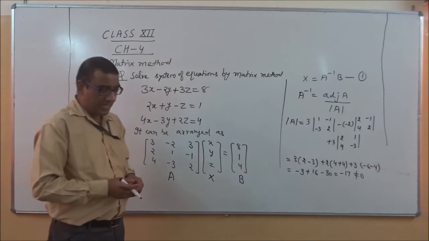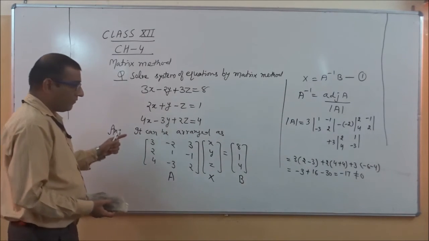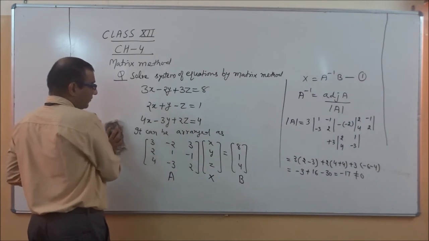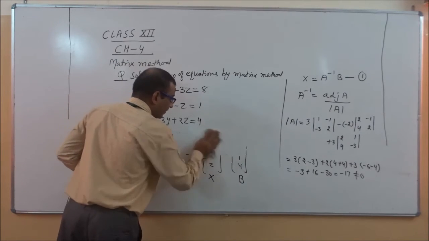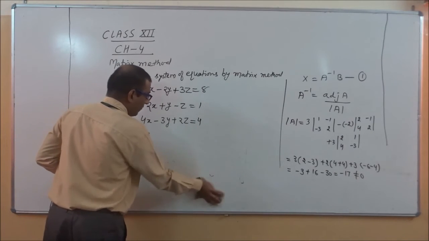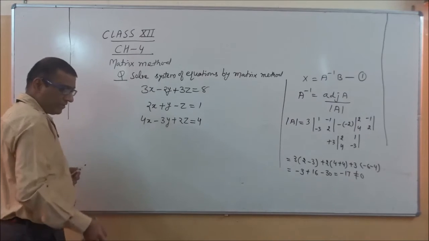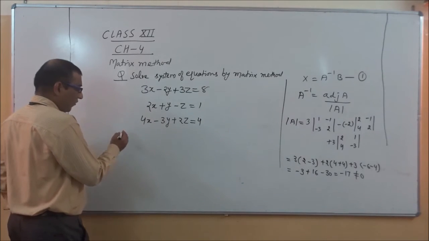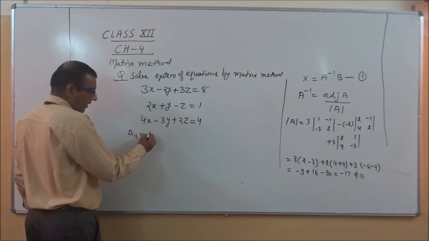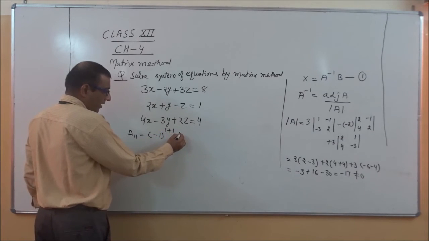Now we will come to adjoint A. How can we calculate adjoint A? When a 3 by 3 matrix is given to us, on behalf of matrix A we will continue with the adjoint A. First we will calculate cofactor A11, and we know it can be written as minus 1 to the power 1 plus 1, M11.